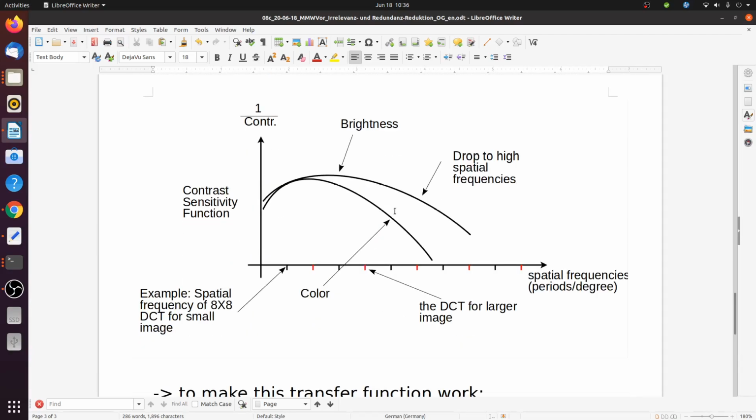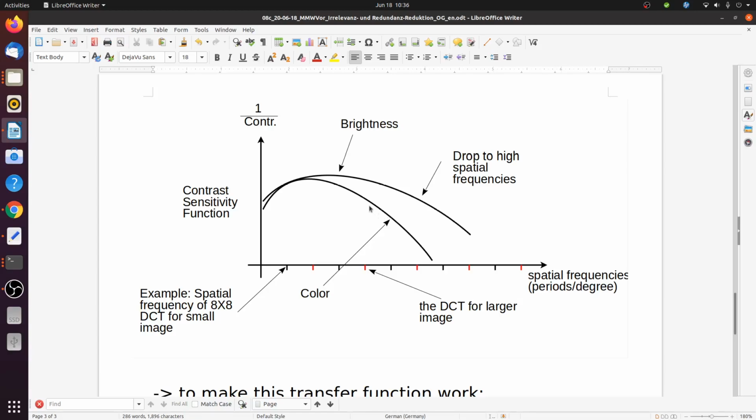So here you can see the contrast sensitivity function again. Just the principle. Here horizontally you have the spatial frequencies in periods per degree. Vertically we have the contrast sensitivity of the eye, and here you can see for which frequencies the eye is most sensitive and which frequencies are less obvious to the eye.